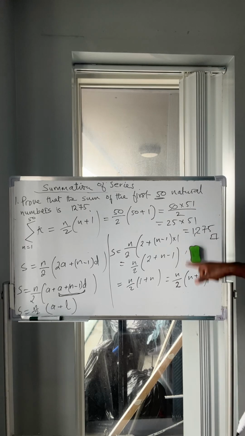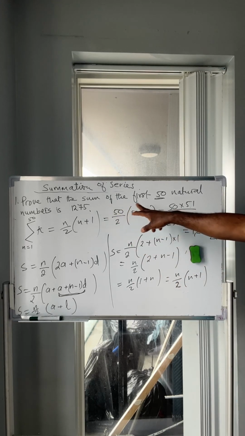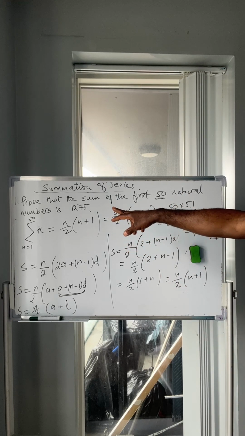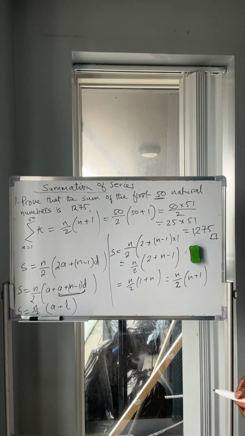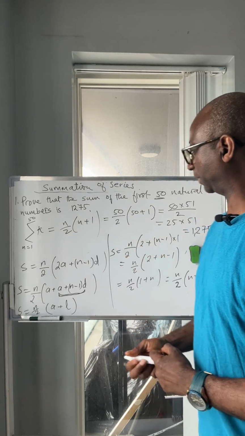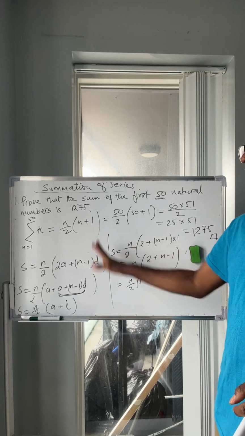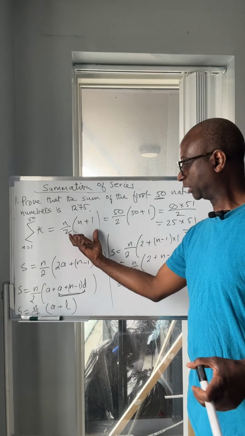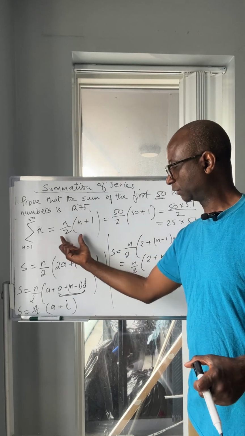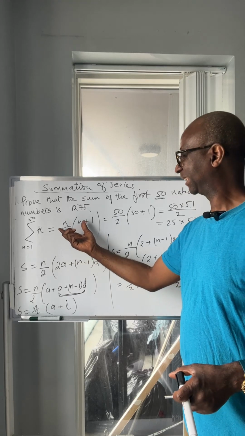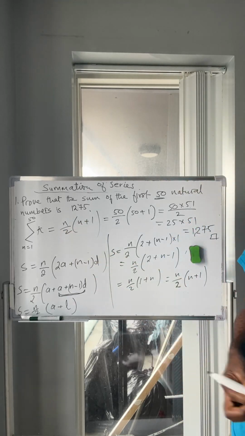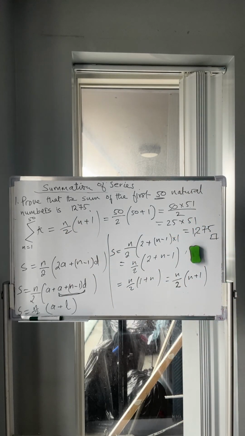This is now proven. I've proven that the sum of the first 50 natural numbers is 1,275 by arriving at this formula here. If you just know this formula, you can just state it and use it. The sum of the first natural numbers is n into n plus 1 all over 2. There are formulas you will come to memorize when you start to do a lot of problems.